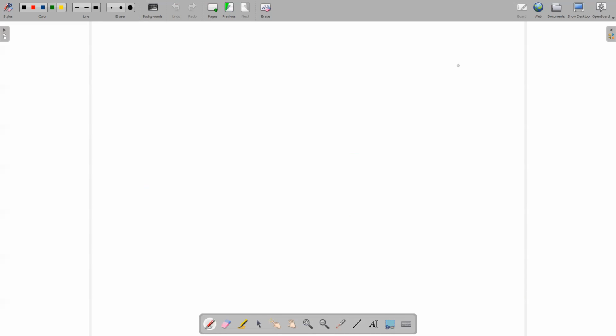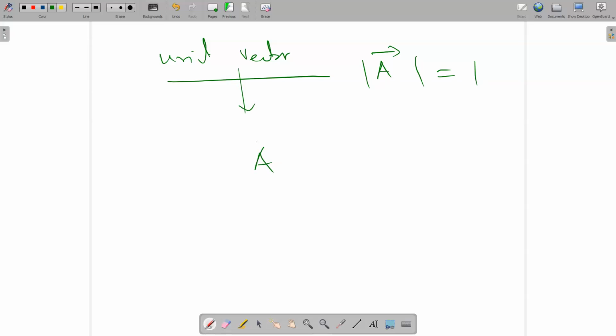So the next concept is called the unit vector concept. Zero vector means zero magnitude. Unit vector means if this is a vector, its magnitude is equal to 1. Then we call it a unit vector. So the unit vector is very, very important in this chapter. A is a vector; its magnitude is 1, then we call it a unit vector, and normally we write the unit vector with this cap.